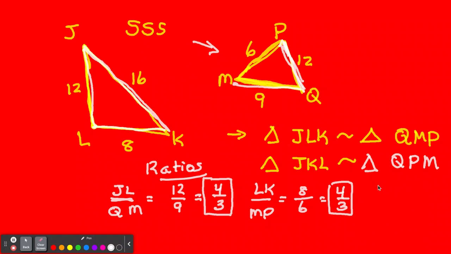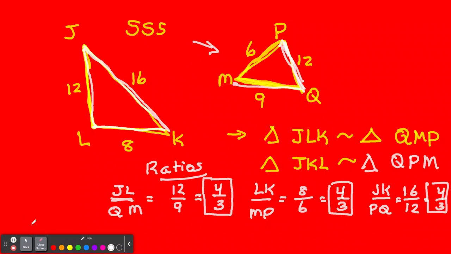So I can say JK to PQ. JK is 16, that's the largest side. PQ is the largest, that's 12. And guess what? That goes to 4 to 3. So they all have the same ratio, absolutely the same ratio. It's 4 over 3. So we now know that they're similar.